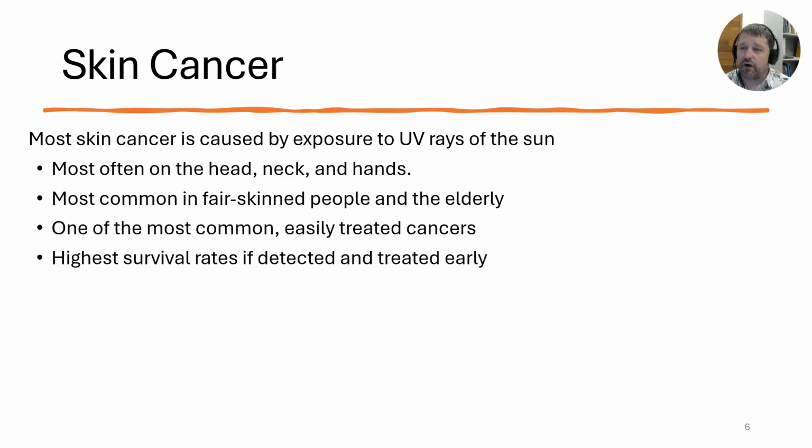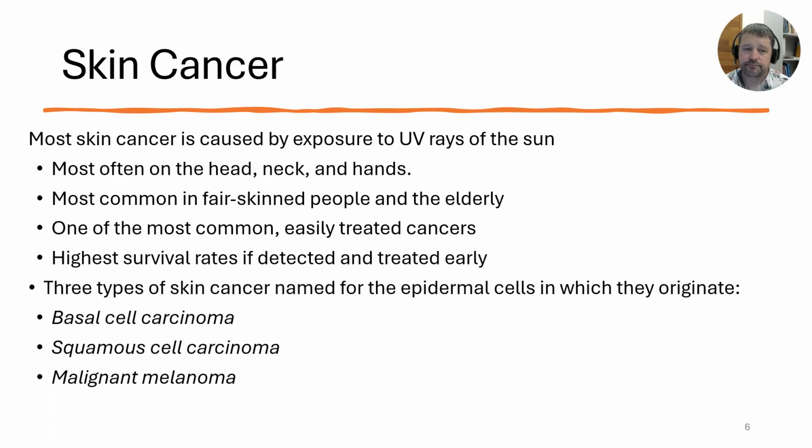It's by far the most common kind of cancer, and if caught early, it's easily treated. Because it is occurring in the epidermis and dermis layer, it can be cut out and removed, and the survival rate is really high if it's detected and treated early.